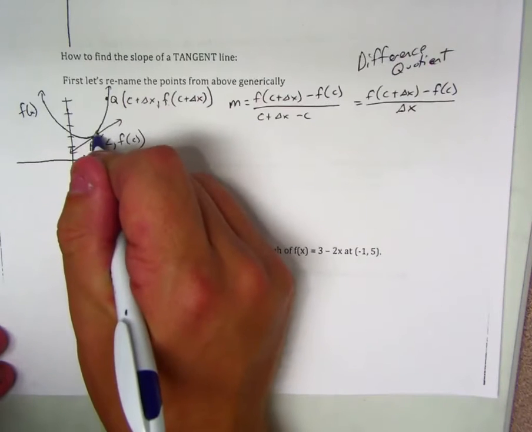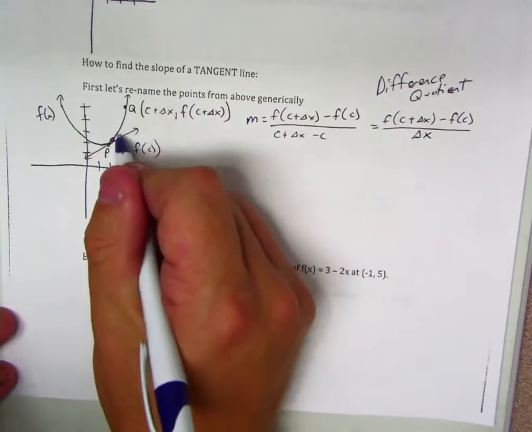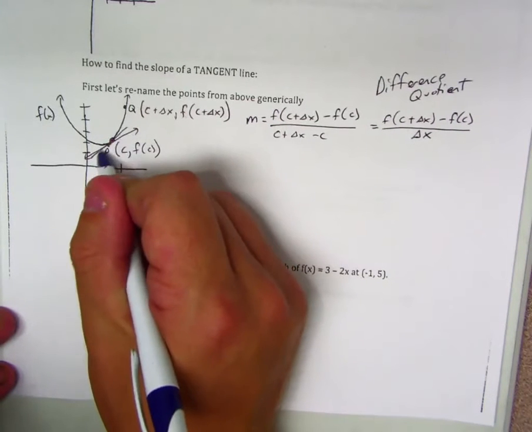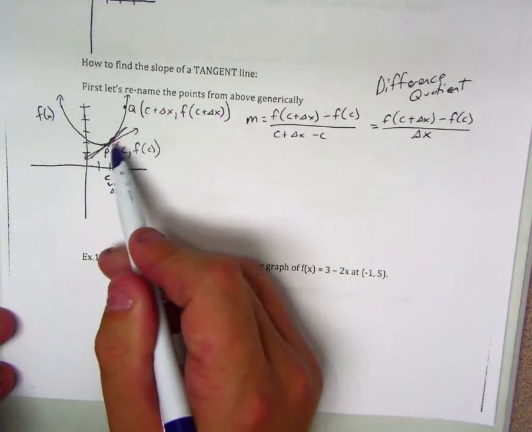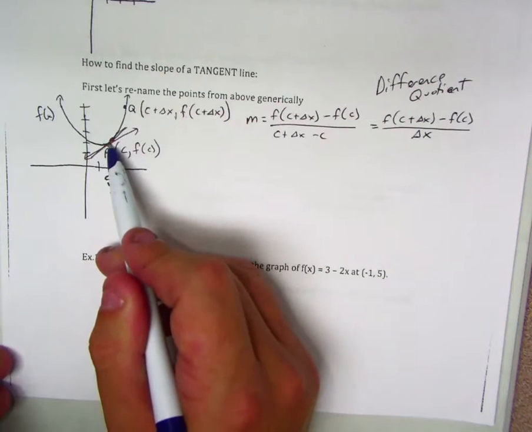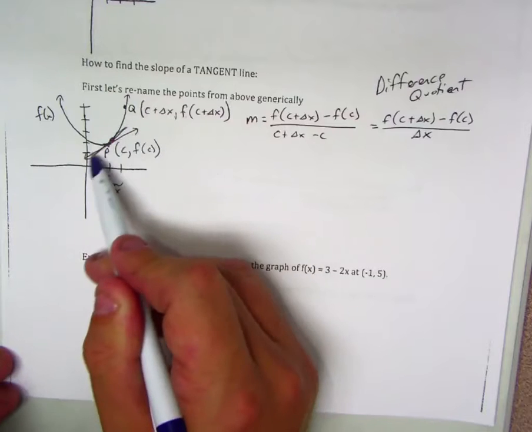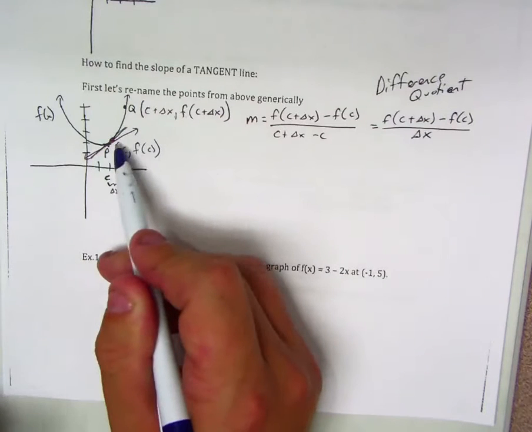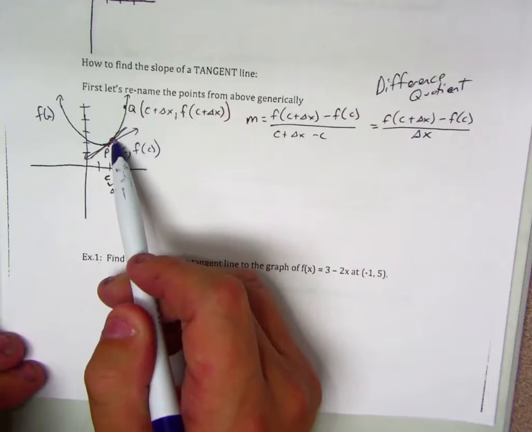If we move Q really close to P, like let's say I put Q right here, and we draw that secant line, notice how the slope of that line is getting pretty close to the slope of the line we want. Well, think about if we move Q even closer to P and draw it. Now we're getting really close to an approximation for the slope of that tangent line. So what we're going to try to do is move Q as close to P as possible.